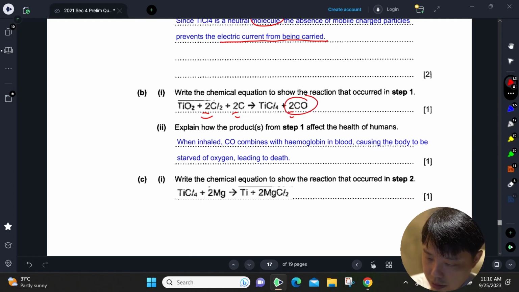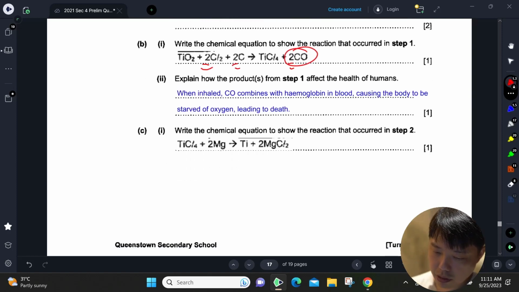One of the products is carbon monoxide, which causes carbon monoxide poisoning. Why? Because after hemoglobin binds with carbon monoxide, it is irreversible. So your hemoglobin is useless. It cannot bind with oxygen anymore, so you will die of carbon monoxide poisoning.